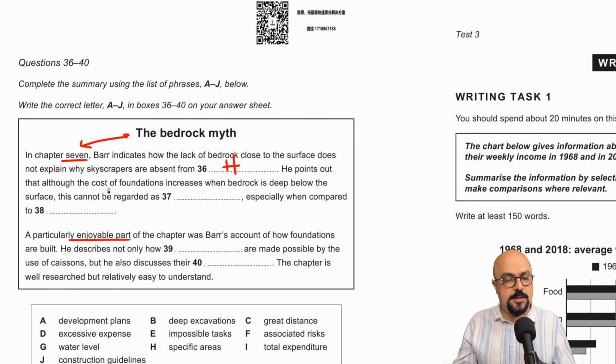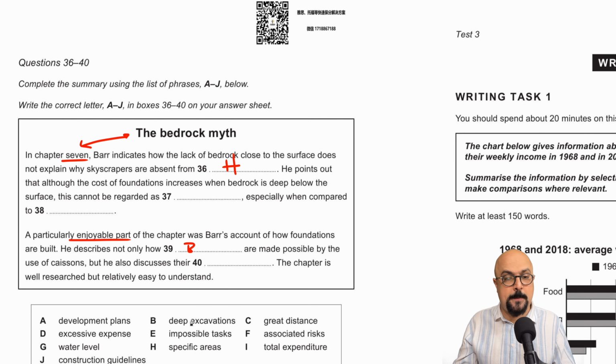He points out that although the cost of foundations increases when... this cannot be regarded as, especially when compared to... Not easy to guess. Okay, he describes not only how something plural are made. Guidelines are made by the use of... Oh, I think it's B. The excavations are made.